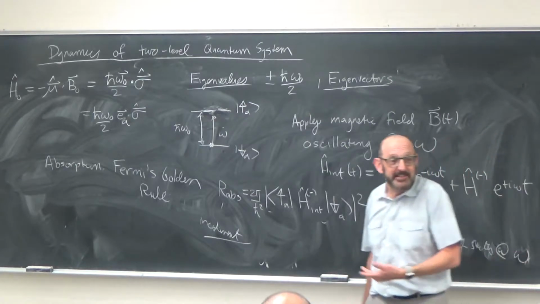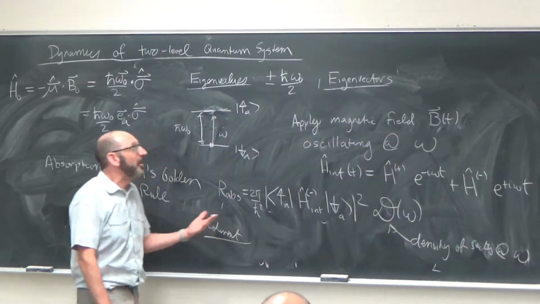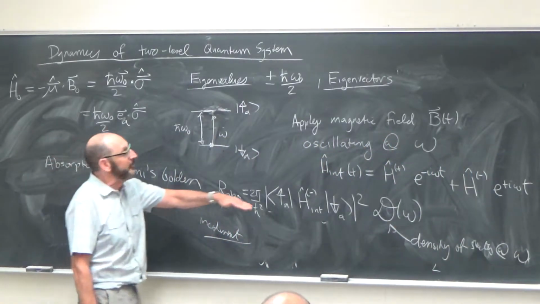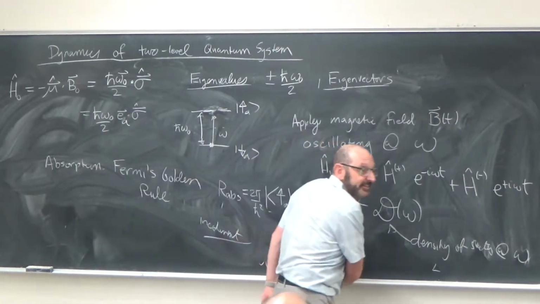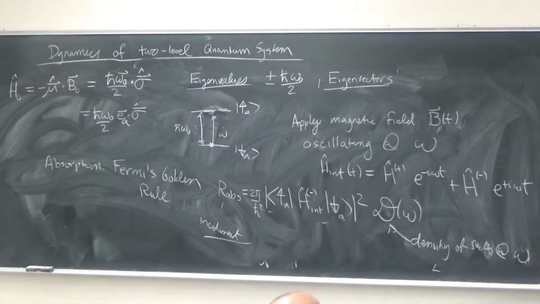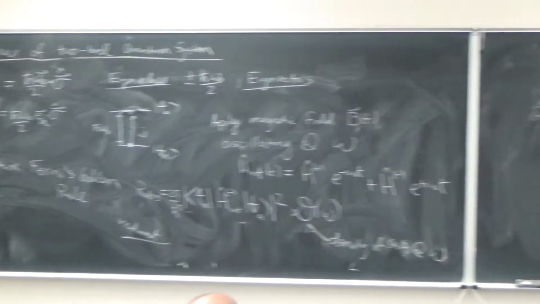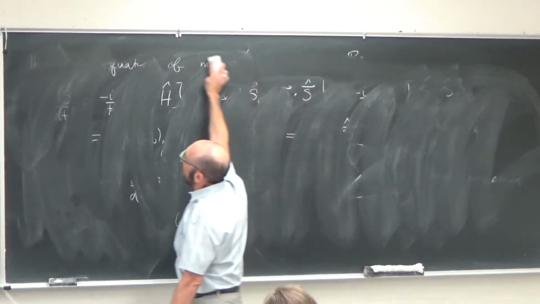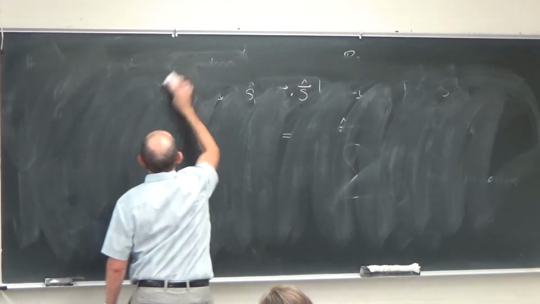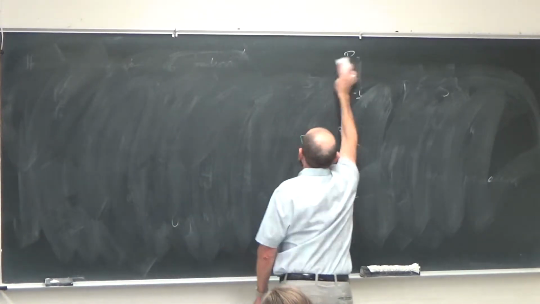The Schrodinger equation tells me how the system evolves as a function of time given a Hamiltonian. And this problem we can solve. And so we will. We'll come back as time goes on to understand where the applicability of Fermi's golden rule comes in.